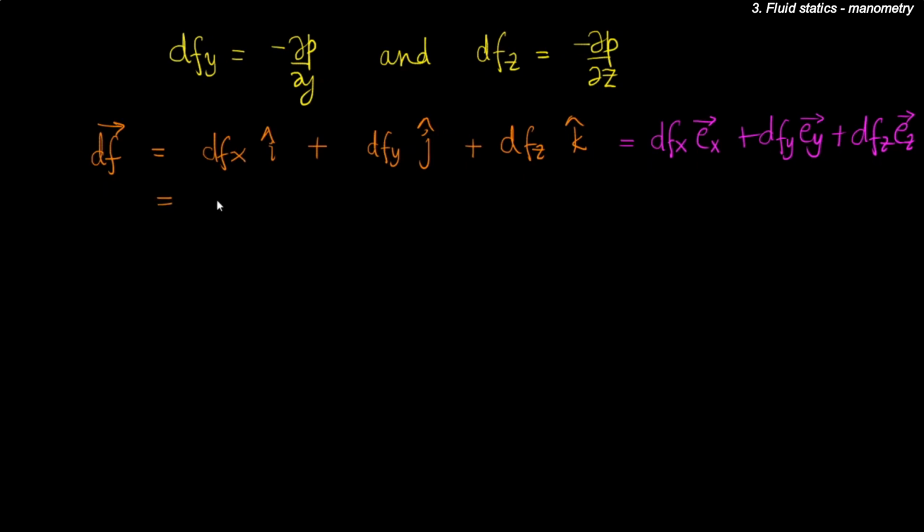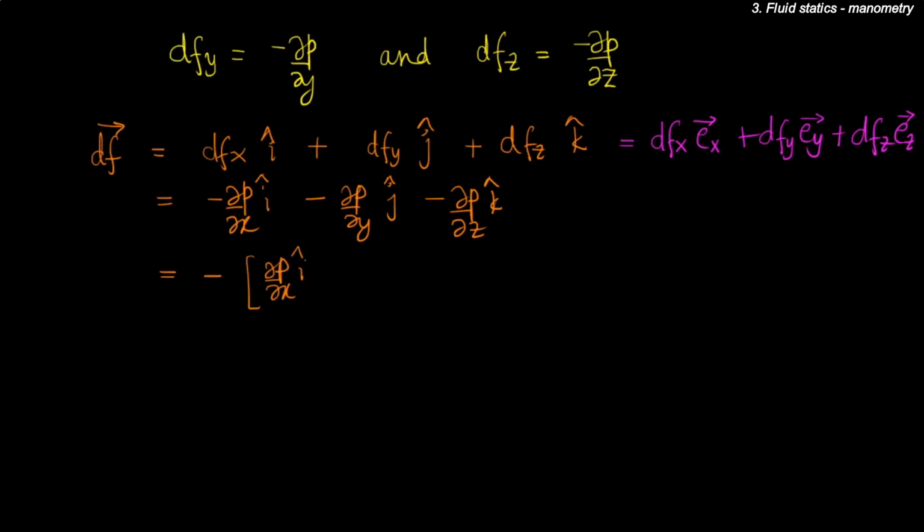So then let us expand this particular term. So it will be minus del P del x i minus del P del y j minus del P del z k. And if you look closely, this is actually minus of del P del x i plus del P del y j plus del P del z k. This is nothing but minus of the gradient of the pressure.